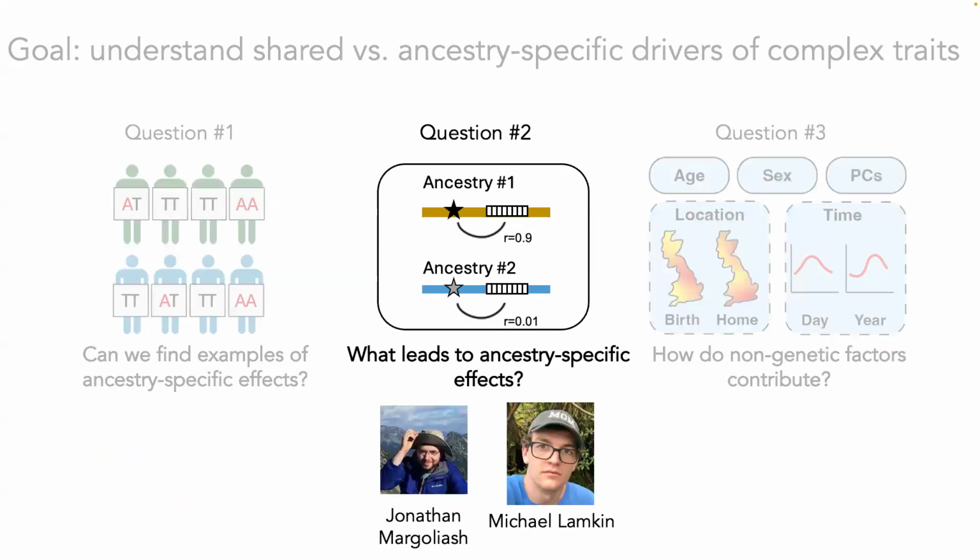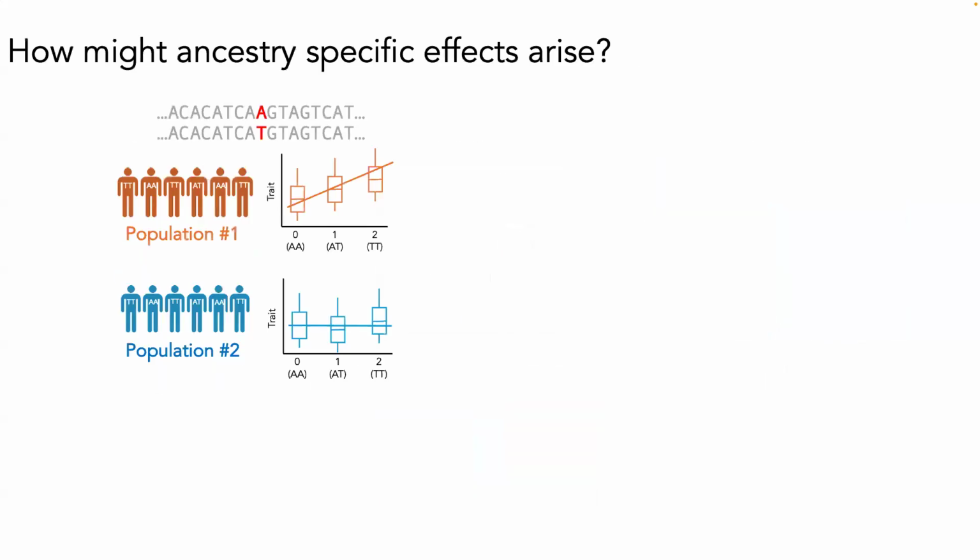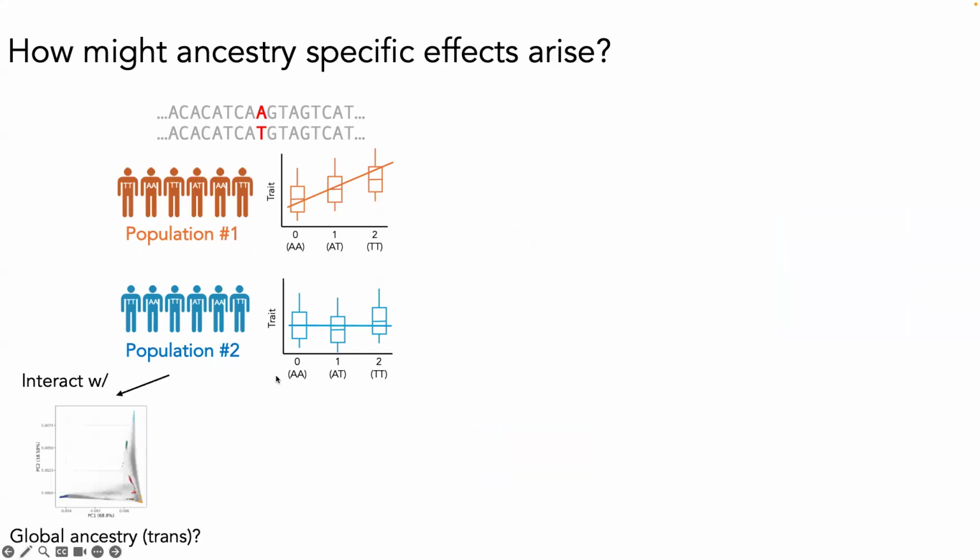Okay, so that is going to bring me to the next part, which is actually going to tie back in a cool way to the repeats that we've been really interested in, which is trying to understand what could be driving some of these ancestry-specific effects. So going back to this picture, why might a variant have an effect in one population and not another? We went through different possibilities in the last couple of slides.